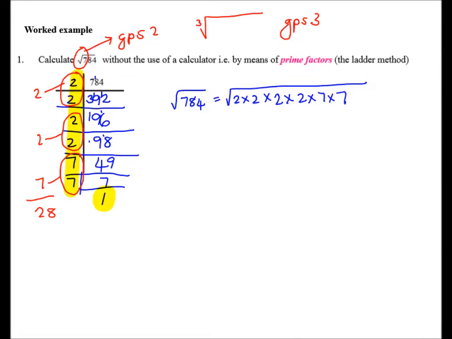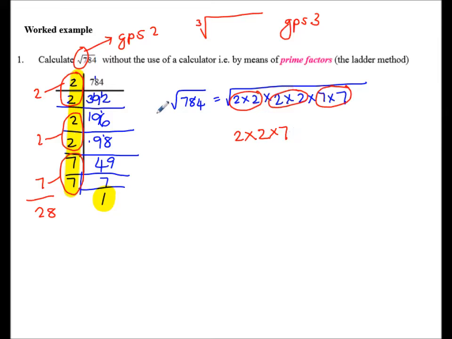Now I'm going to find the square root. So I'm going to take those two grouped together, those two grouped together, those two grouped together, and I'm taking 1 from each of those groups. And because I've found the square root, I no longer need that sign. So I'm going to have 2 multiplied by 2 multiplied by 7.